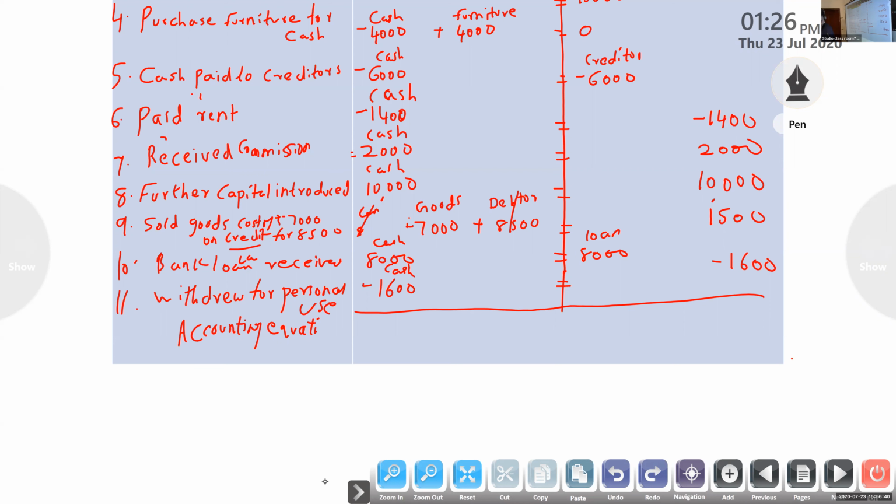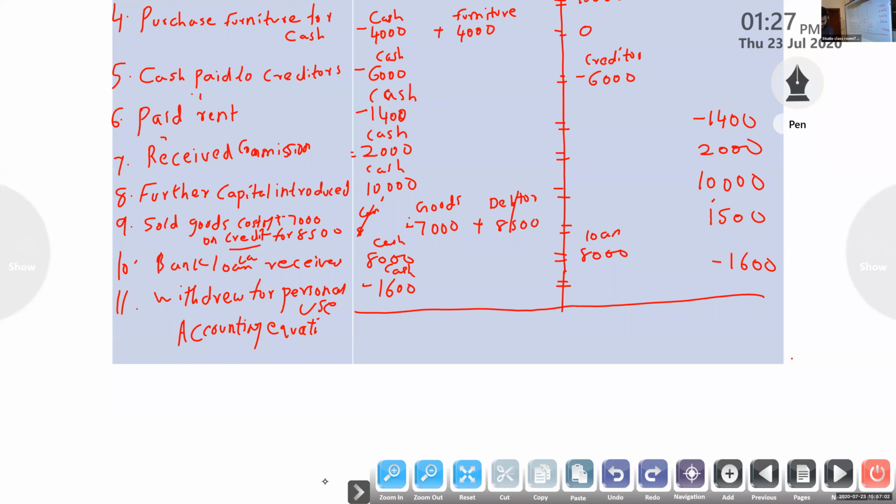Loan is there 8,000, so 65 plus 2, 67, 77, 78,500, plus 6,000, so 86,500.